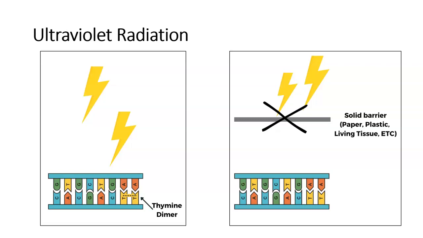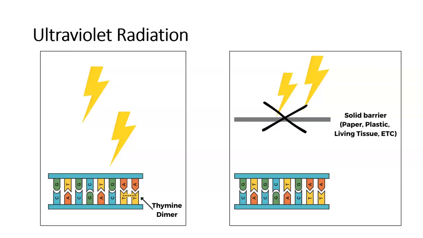So ultraviolet radiation, whether you're talking about a bacterial cell or a human cell, can result in thymine dimers that can damage DNA. So just like ionizing radiation can damage DNA and proteins in cells, ultraviolet radiation can also damage cells, specifically by damaging the DNA.